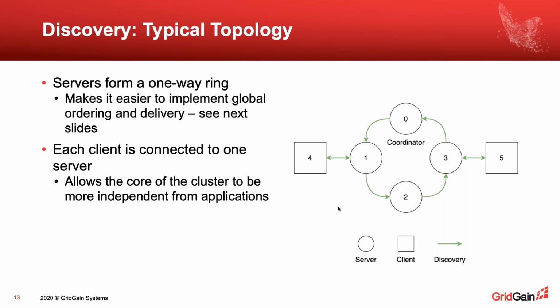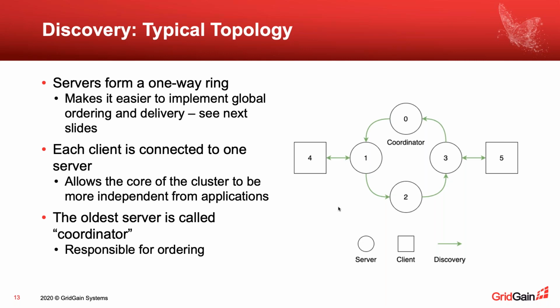Say we have it in the ring, then the performance of that client node will impact our entire cluster. It will impact our ring performance. And we don't really want that. And to be able to provide better multi-tenancy, we separate these clients outside of the ring. So the ring is sort of the core of our discovery topology, and the clients are outside.